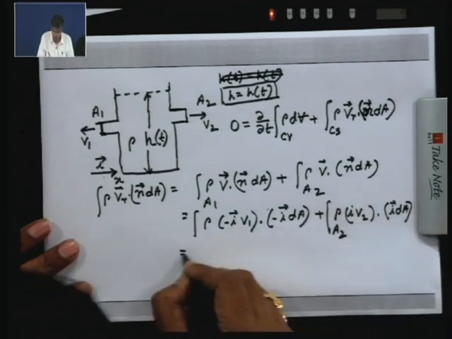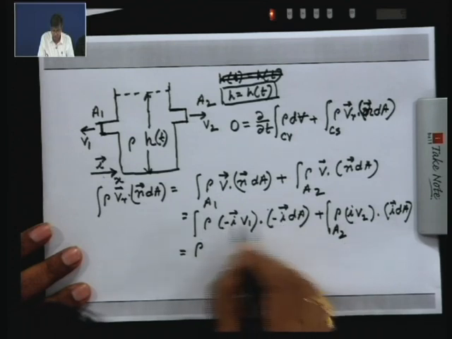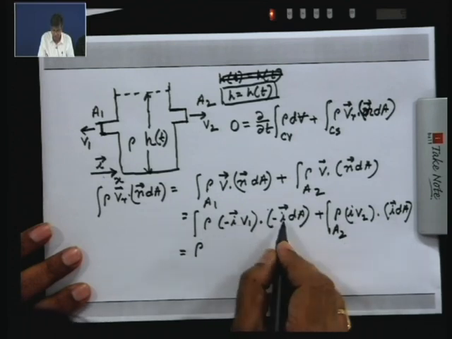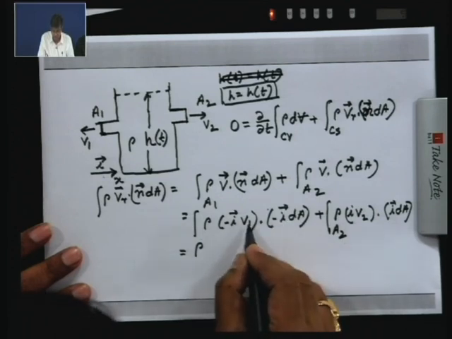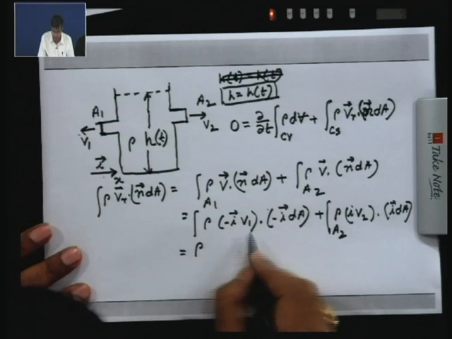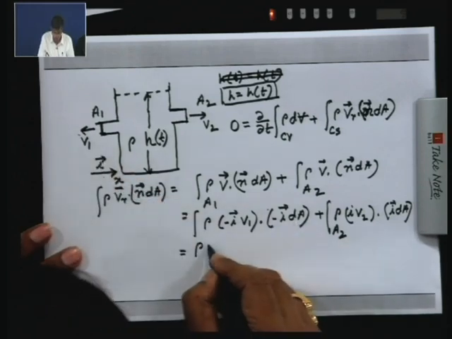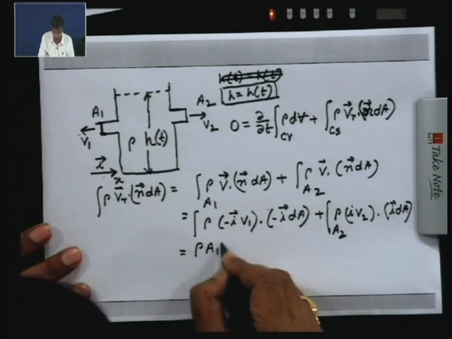If rho is constant, rho comes out; minus I dot minus I gives plus, and I dot I is one. V1 is defined as constant, so it comes out. The integral of dA is the area, so this gives rho A1 V1.